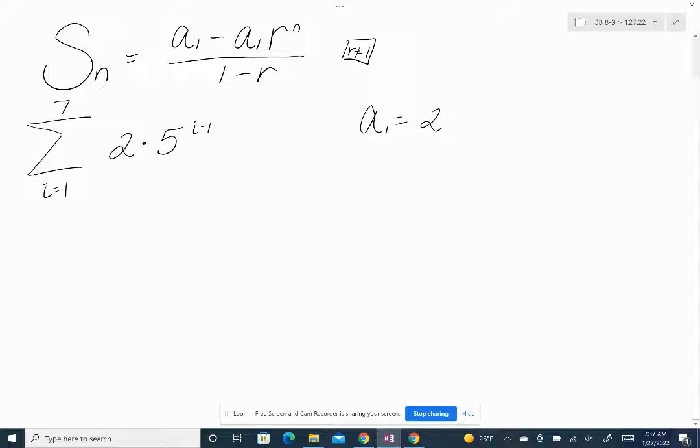So our first term is this 1. So it's going to be 2 times 5 to the 1 minus 1. 1 minus 1 is 0, so it's going to be 2 times 5 to the power of 0. 5 to the power of 0 is 1, so it's going to be 2 times 1, which is equal to 2. We're also going to need our n, which is going to be the top minus the bottom plus 1.